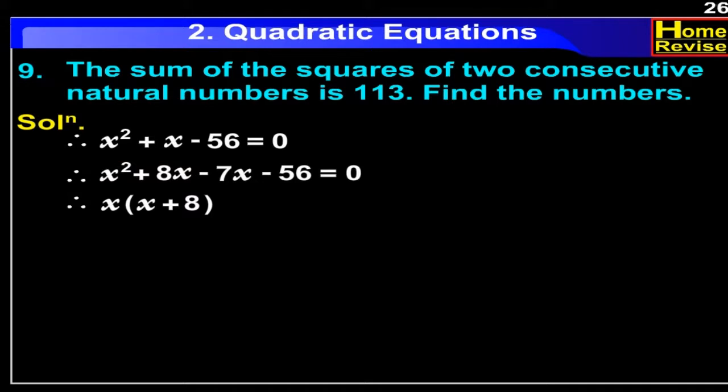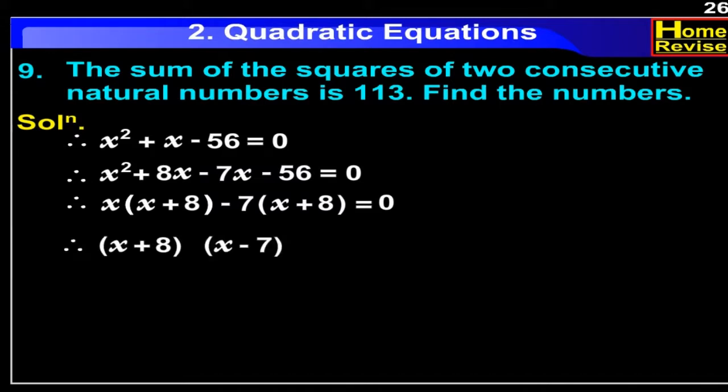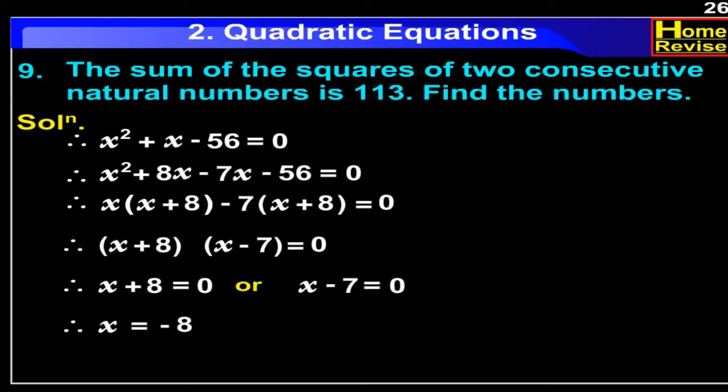And taking out minus 7 common from the next two terms, we have minus 7(x plus 8) is equal to 0. Therefore, (x plus 8) into (x minus 7) is equal to 0. Therefore, x plus 8 is equal to 0 or x minus 7 is equal to 0. Therefore, x is equal to minus 8 or x is equal to 7.